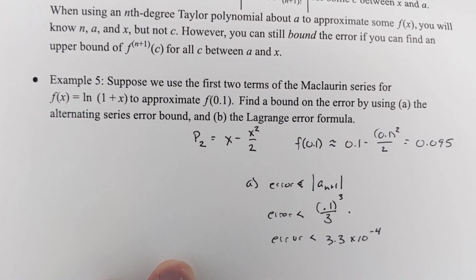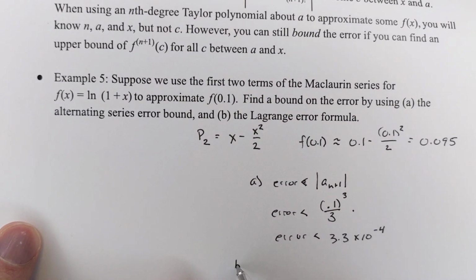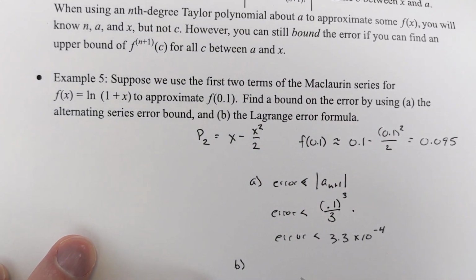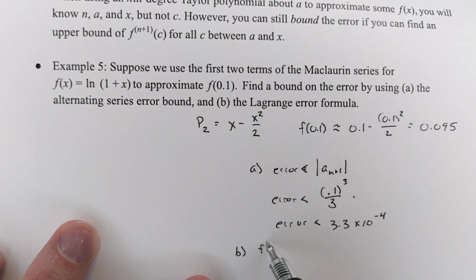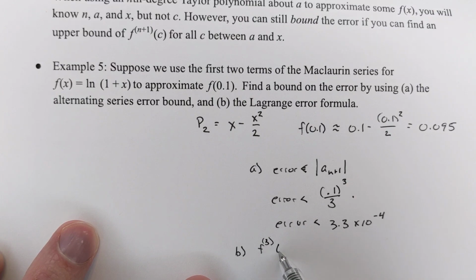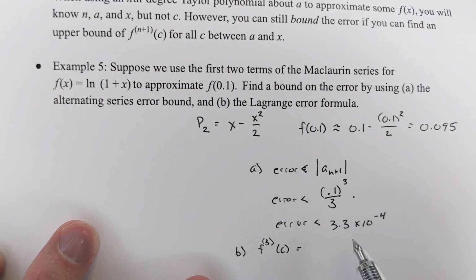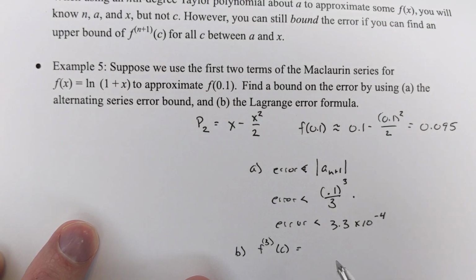Okay, so for B, Lagrange, I went up 2 terms, so I need the third derivative at some value c. If I take the third derivative of the natural log of 1 plus x, I end up at c being 2 times 1 plus c to the negative 3.